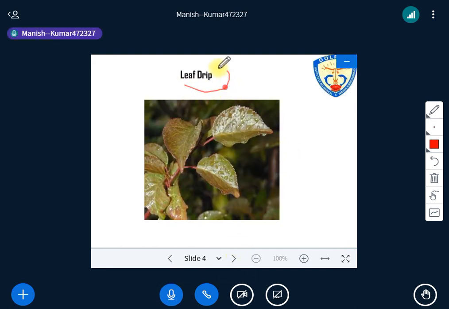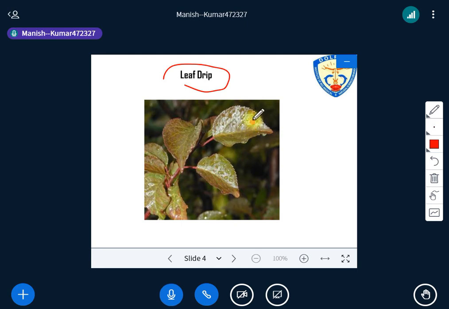Now, another thing that one needs to understand is the leaf drip, and you people have already witnessed these things, right? Every time there is rainfall, you just look at the tree and you can see that water is dripping off the leaf. You just look at the image, isn't it?